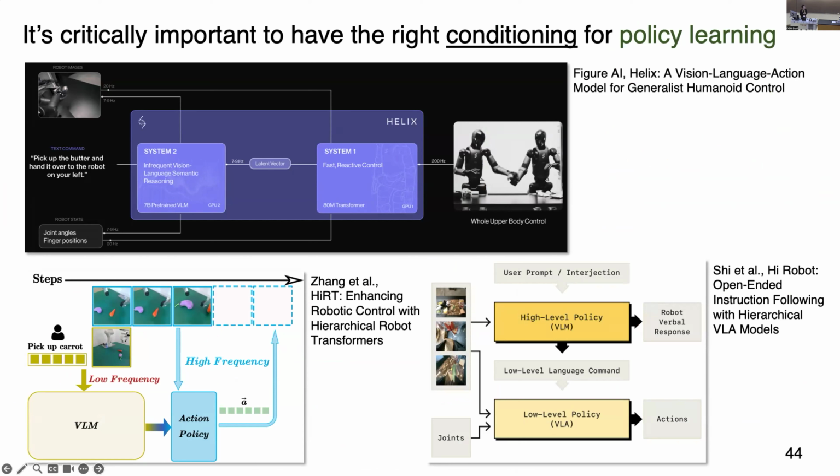This is also why many recent works, for example from Figure like Helix, and this HIRT, and also Hi Robots, all try to follow a framework where they have large, gigantic vision language models that generate some kind of conditionings that are fed to lower level vision language action models.